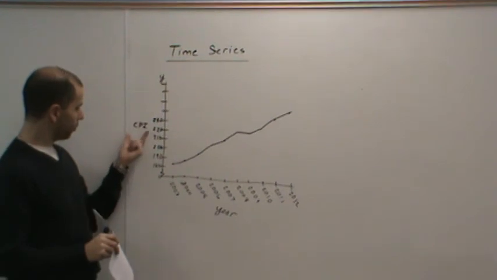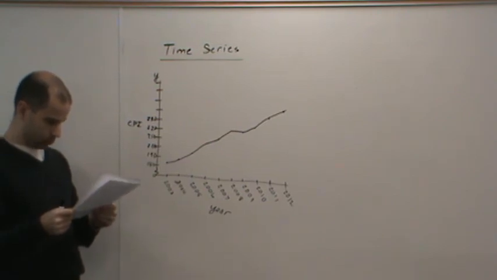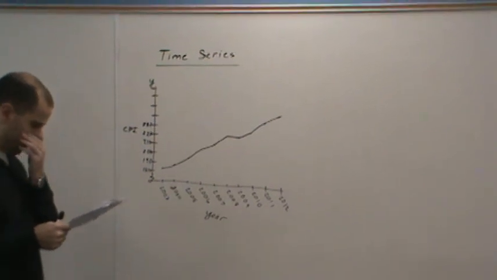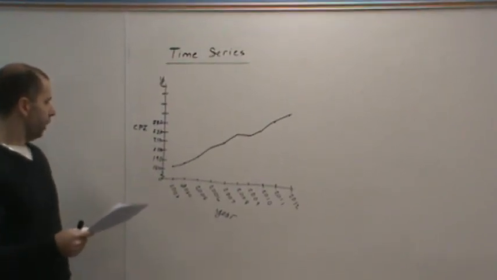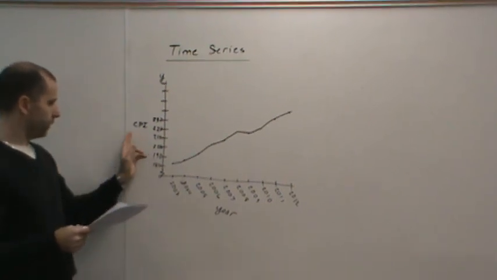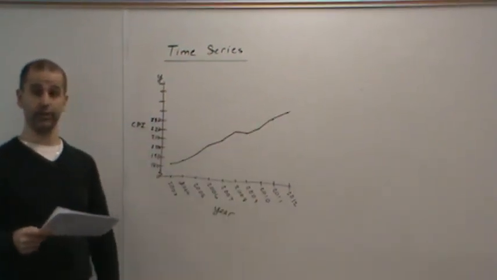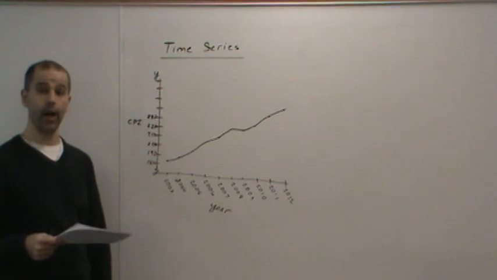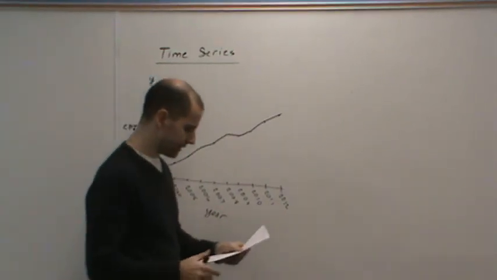They don't tell me what country or who this is for, it's just the annual consumer price index, so I don't know where this pertains to. But you can see there's a general trend of increasing over the last 10 years, that the consumer price index has trended upward, which is a good thing. Okay, so that's time series.